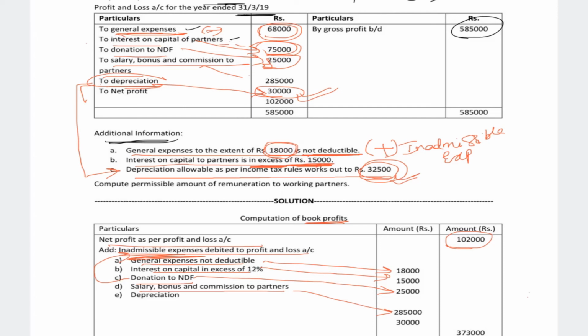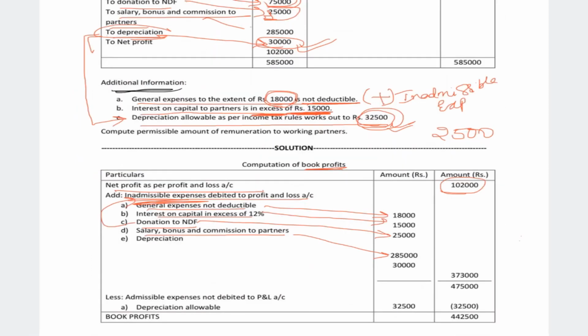That means we have to deduct a further 2,500. So for easy calculation, first of all we'll take the depreciation value that is given in the profit and loss account, that is 30,000. We'll treat it as inadmissible expense. Now depreciation allowable as per IT rules, we will consider under the admissible expenses column, 32,500.